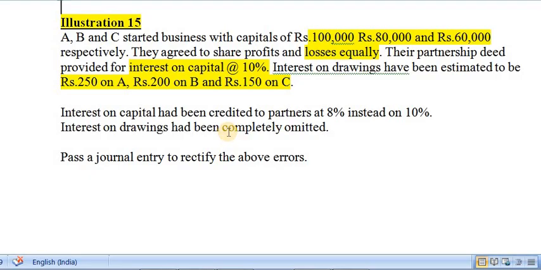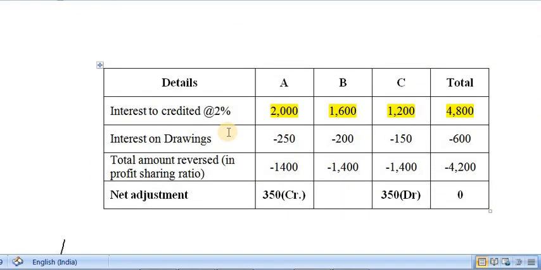You can see it here. Interest 8% instead of 10. So give that 2%. Interest on drawings, we omitted, so debit that. So total 4,800 credit and 600 debit. That means 4,200 credit. That 4,200 will be debited to partners in the profit sharing ratio, equal.